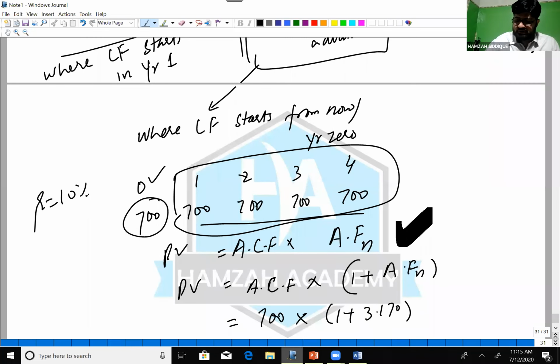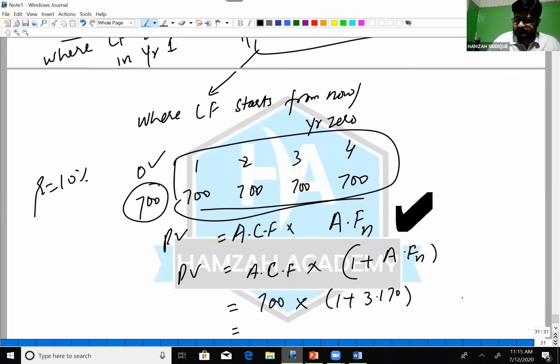So we can multiply it. That is 2719. Sorry, 2919. Is it clear? Is annuity due clear to everyone? Tell me.